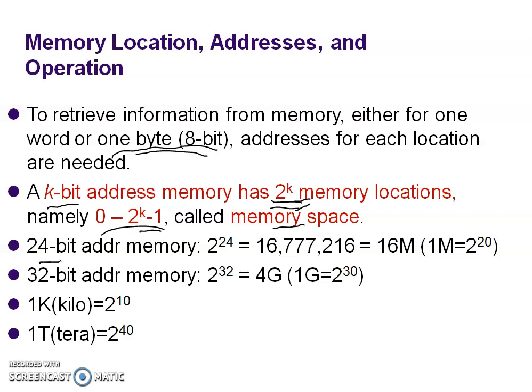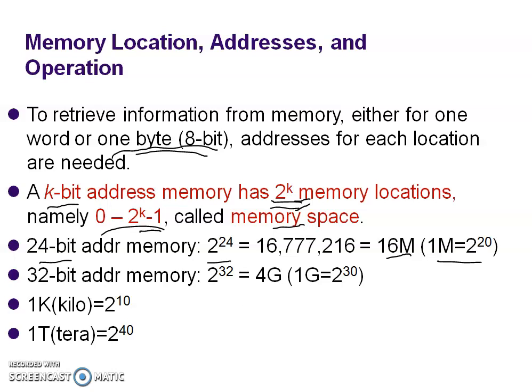So if it is a 24-bit address memory, then the number of memory locations will be 2 raised to 24, which is 16 megabytes, where 1 megabyte is equal to 2 raised to 20 bytes.